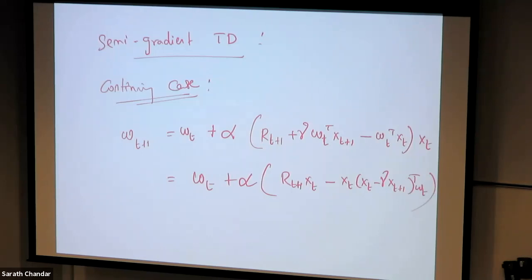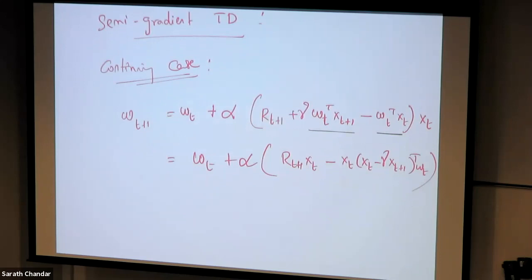Okay. So I have just done some restructuring here. I wanted to bring Wt out separately. These two things have Wt, so I brought xt in and I brought Wt out. Is that clear? Now, let's say that I keep learning in this continuing task, okay?